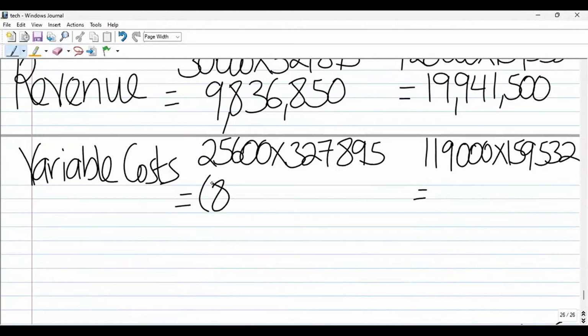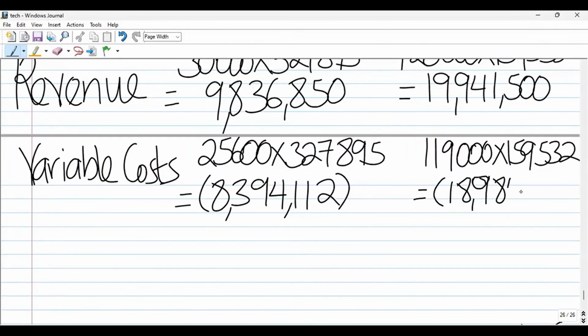It is 8,394,112, but we've cut off the thousands. Like that. Yes. Then the second one, 18,984,308.